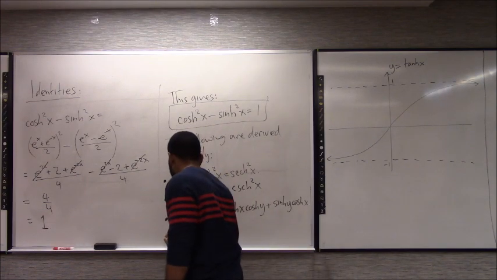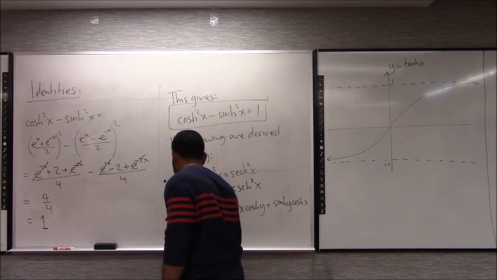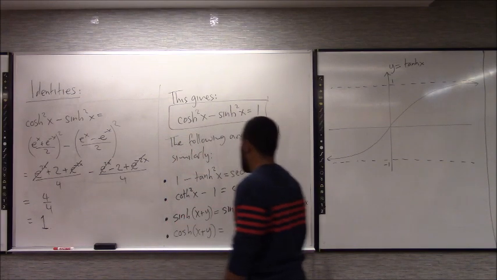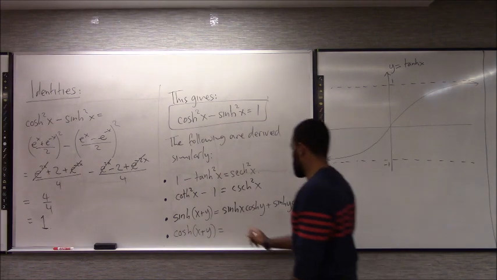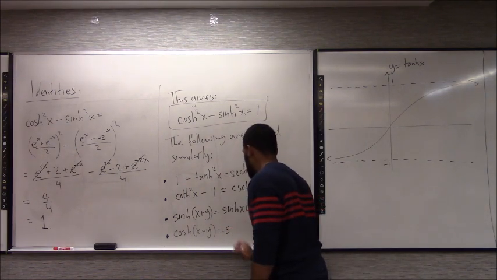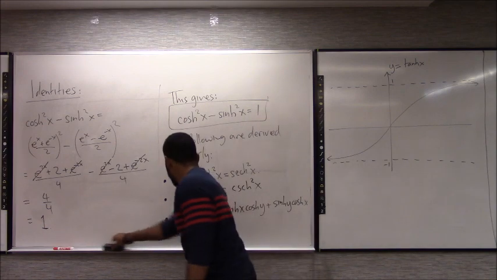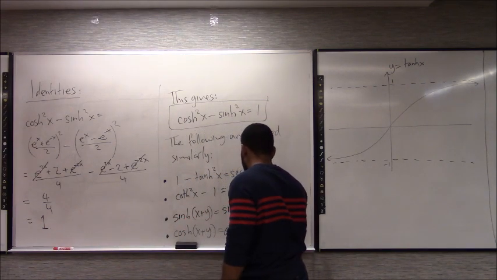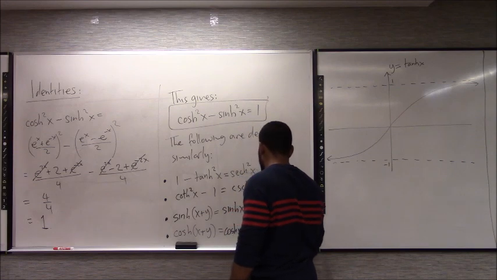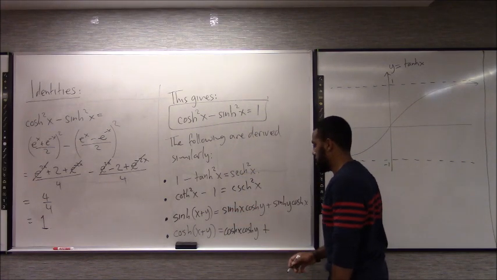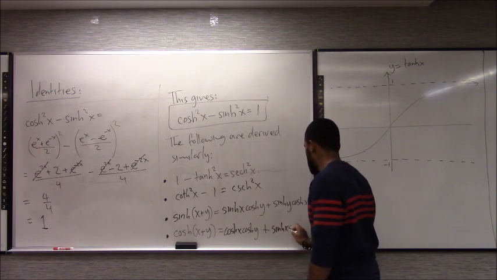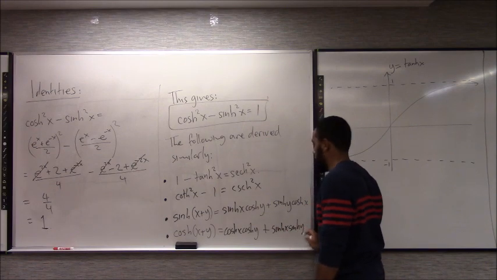You would also notice that if you take the cosh of x plus y, it actually keeps the sign, so this would have cosh x cosh y plus sinh x sinh y. That's different from the addition formula for cosine.